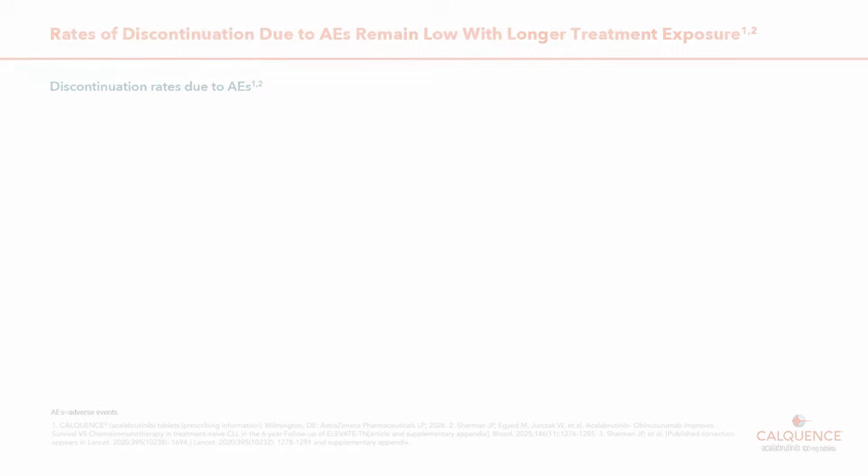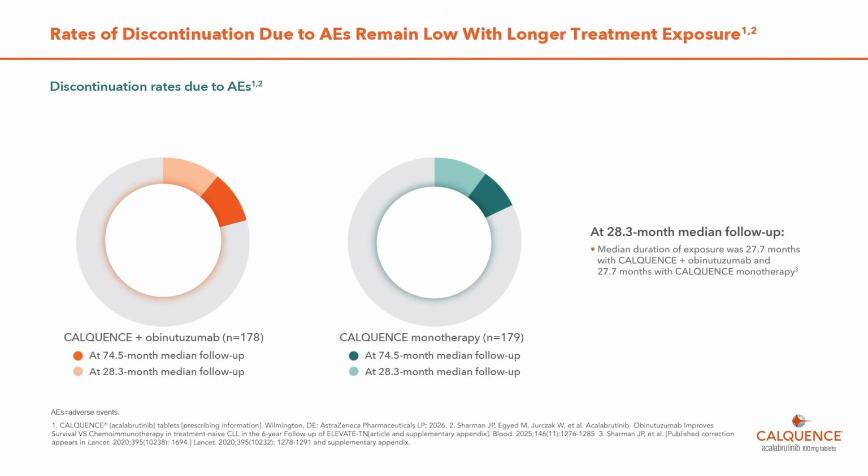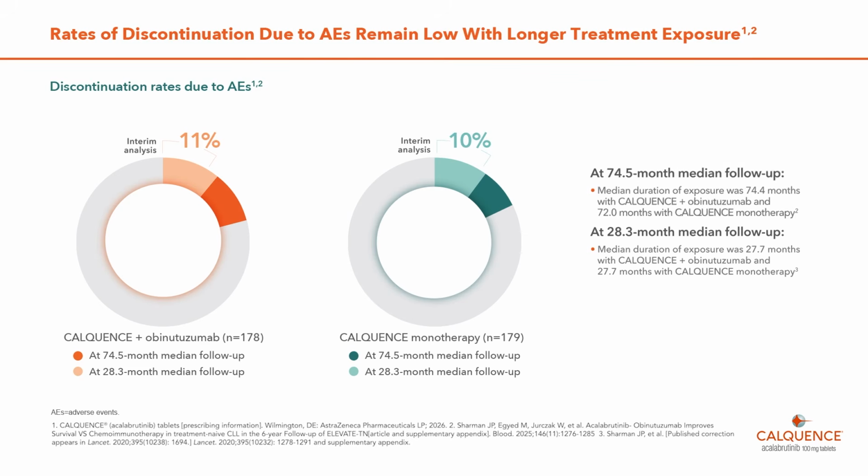At the interim analysis with a median follow-up of 28.3 months, treatment discontinuation rates due to adverse events were 10% for CALQUENCE monotherapy and 11% for CALQUENCE plus obinutuzumab. In the long-term analysis with a median follow-up of 74.5 months, treatment discontinuation rates due to adverse events were 18% for CALQUENCE monotherapy and 21% for CALQUENCE plus obinutuzumab.